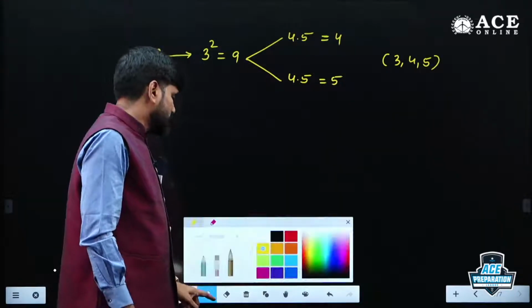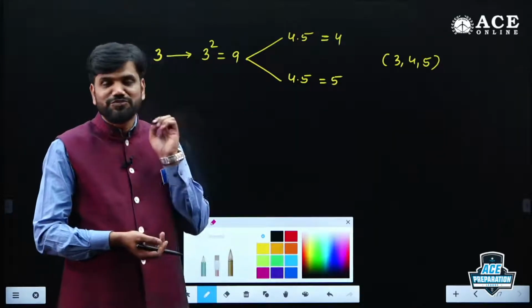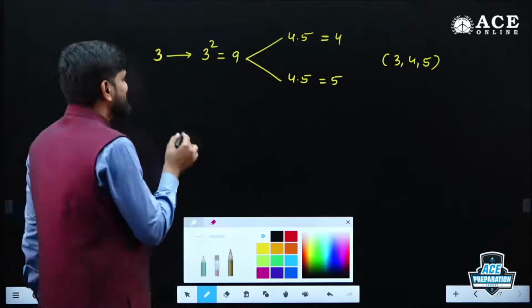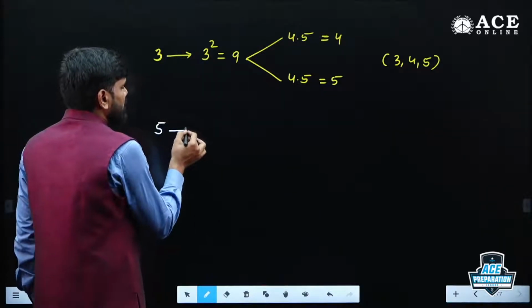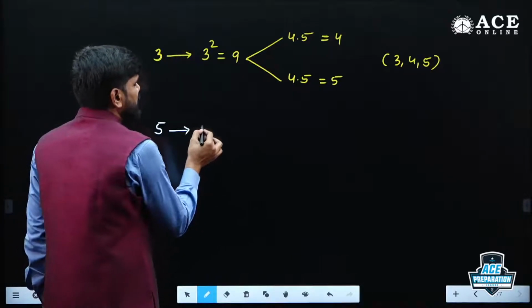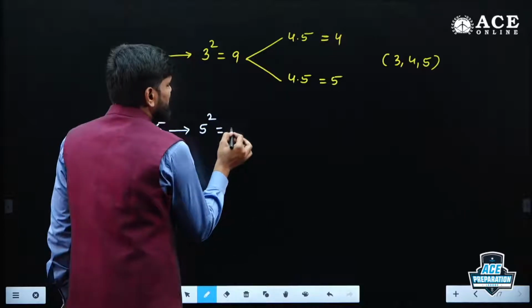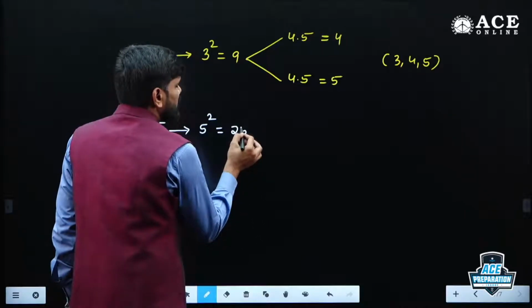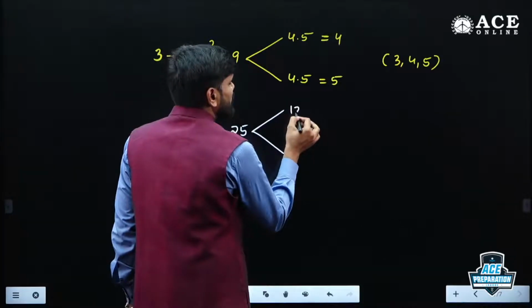Similarly, what is the next prime number after 3? 4 is not a prime number, 5 is a prime number. I will start with that. If it starts with 5, you take 5 square. What is 5 square, dear? 5 square is 25. Take half. So half of 25 is what? 12.5.